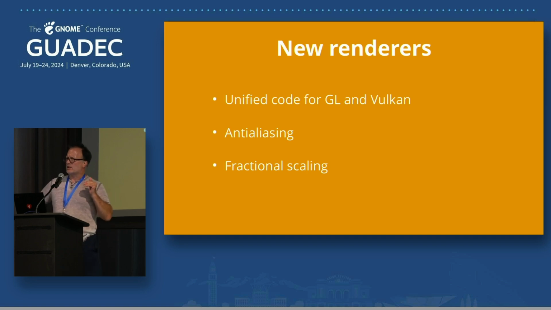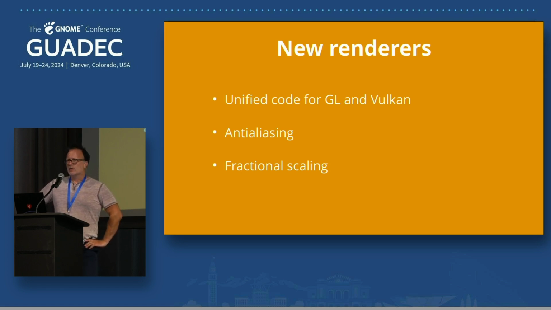The GL renderer was basically just good enough to get GTK4 out the door, because we had to hit this deadline. We wanted to do less than 10 years between major GTK versions, and so we had to release GTK4 in December before the 10-year mark. And so the renderer was just basically good enough. The Vulkan renderer never matured beyond being an experiment that we never enabled by default.